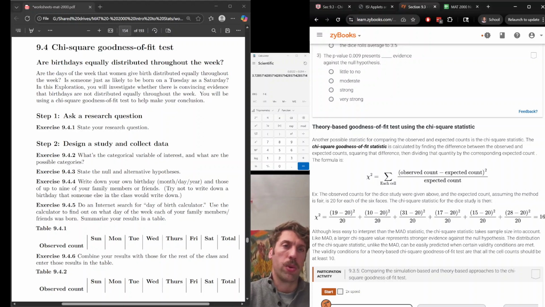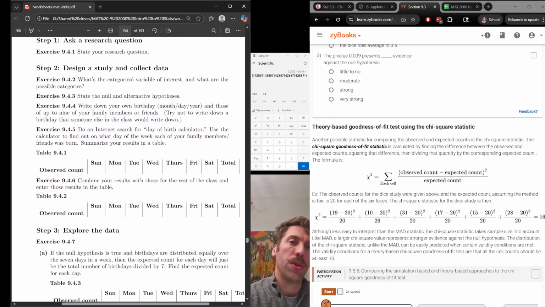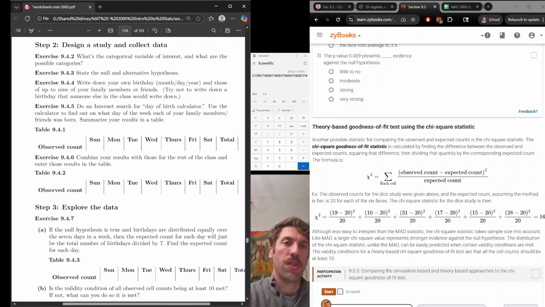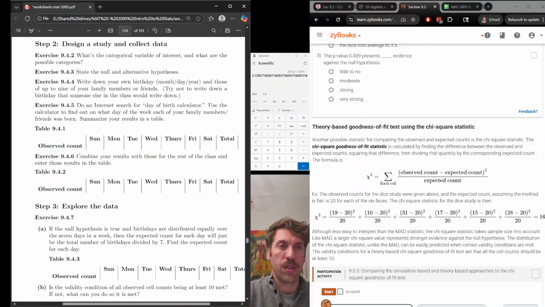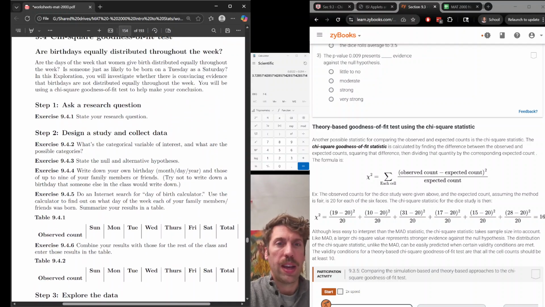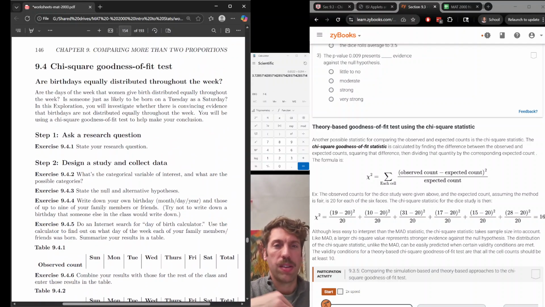So for question number one, that's a review question, and you should be able to figure it out from the context of the first paragraph. For number two, what is the categorical variable of interest, and what are the possible categories? That's again built in that paragraph, and figuring out what the categories are is an important step of this project.